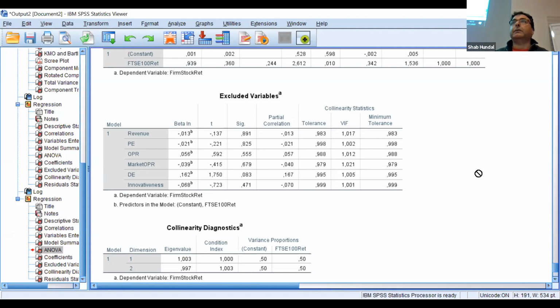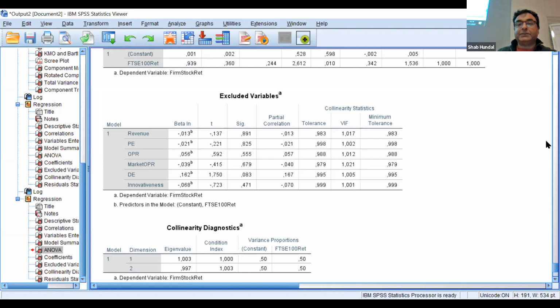And this variance inflation factor is telling us this. Up to 5, it's fine, 4, 5, and less is better. And we can see here that it's close to 1. It's fantastic. So the correlation is very low, which is good. So that is what we need to find out here.